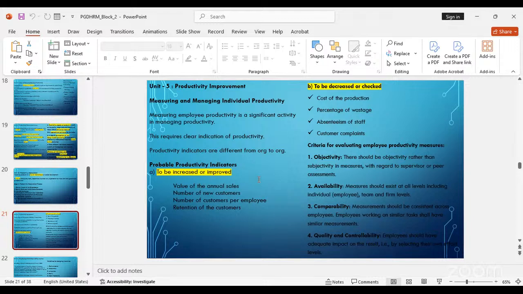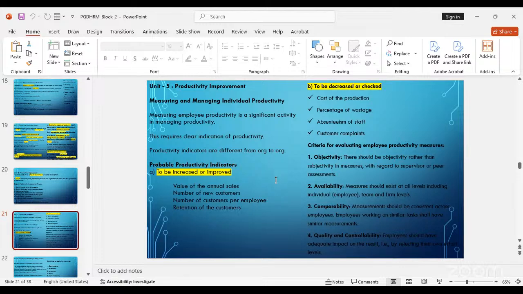So, here are some of the indicators to improve productivity: value of annual sales, number of new customers added, number of customers per employee, retention rate of the customers. All this will help to indicate or improve the productivity.